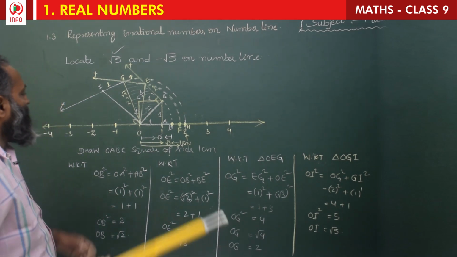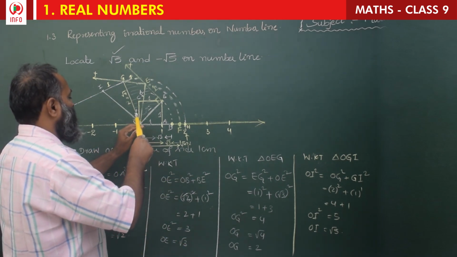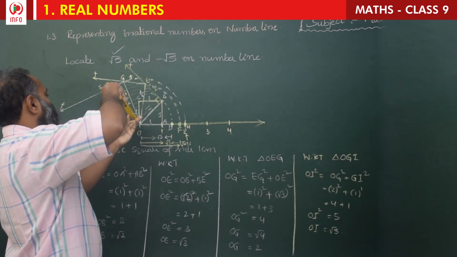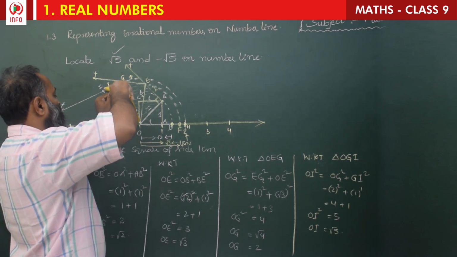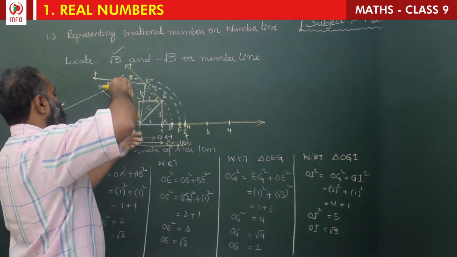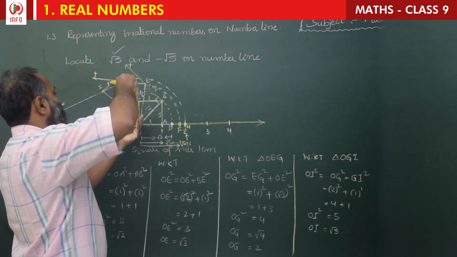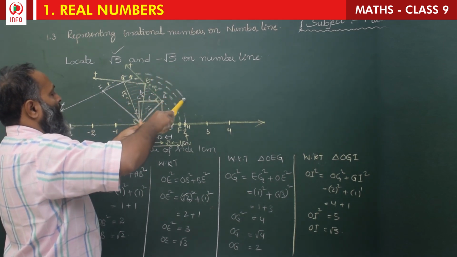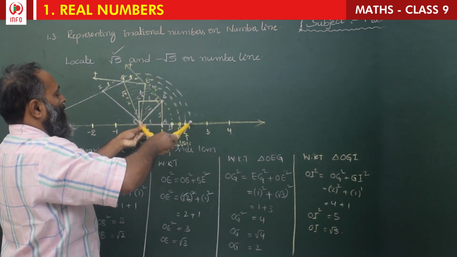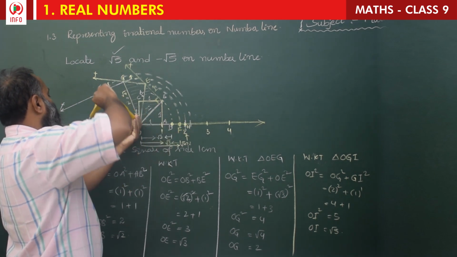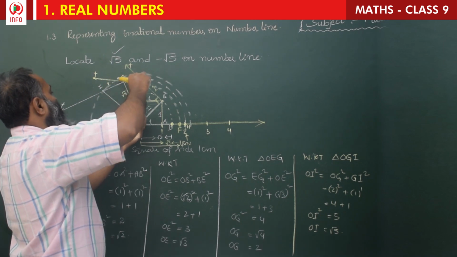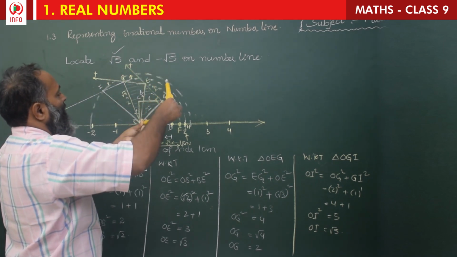Now with O as a center and OI as a radius, draw an arc, which cuts the line on the left and right sides. You will get plus root 5 and minus root 5, both sides you should cut.